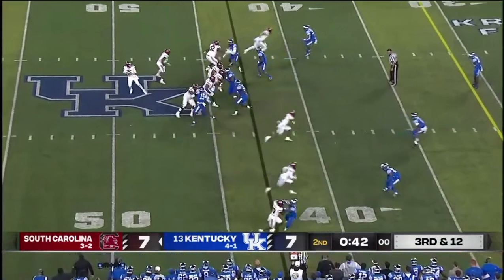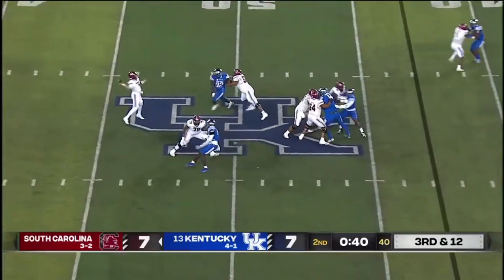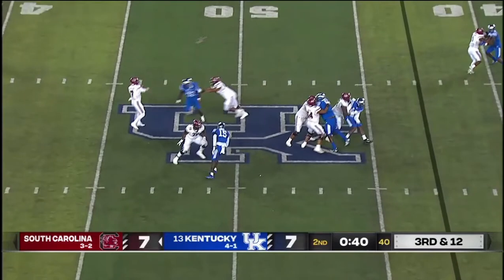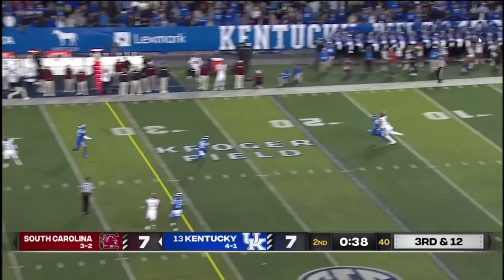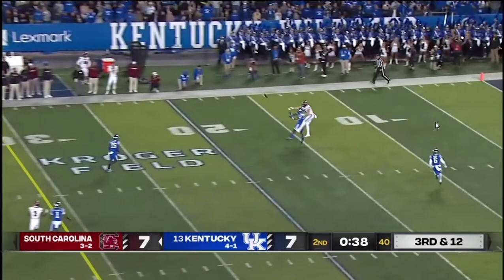Look how much space he has before that ball's in the air. So if he'd have stepped into that throw just a little bit and been aiming for back here, versus a pass that was short, he had one-on-one with Stockner out here. This could have been a touchdown, guys.